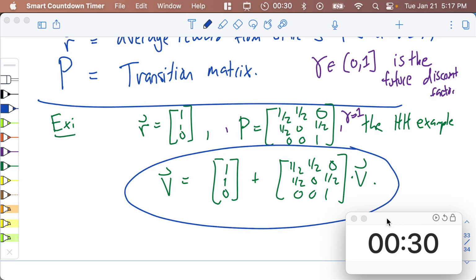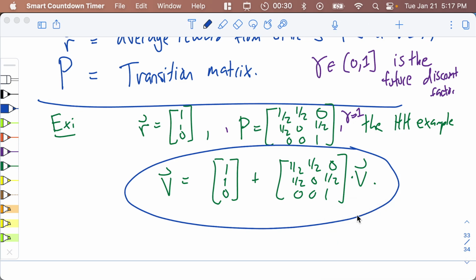Okay. Does anyone have a guess as to what is the extra thing you need in addition to the circled equation? Yeah. You have to set a value for the final state. That's exactly right.